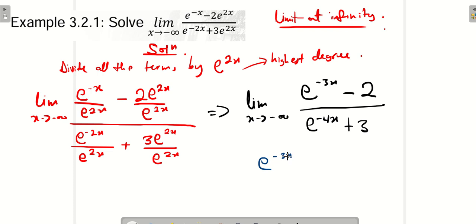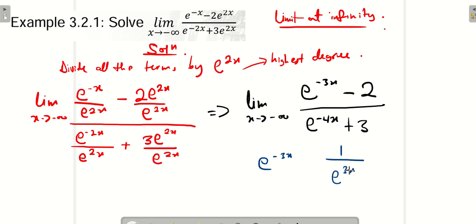As the value gets bigger, this exponent will be very big. Or the other analysis you can do is that e to the power negative 3x can be written as 1 over e to the power 3x. Then you substitute the infinity into it, remembering it is negative infinity as x is approaching negative infinity.